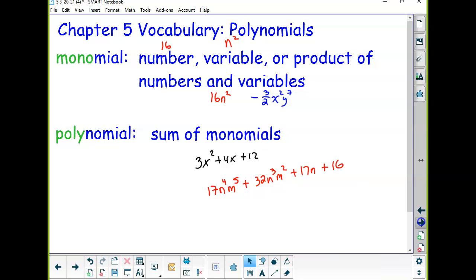Again, that's just a sum of 1, 2, 3, 4 different terms added together. So when we talk about monomial, just think of an individual term. When we talk about polynomial, it's the sum of all those terms added together.